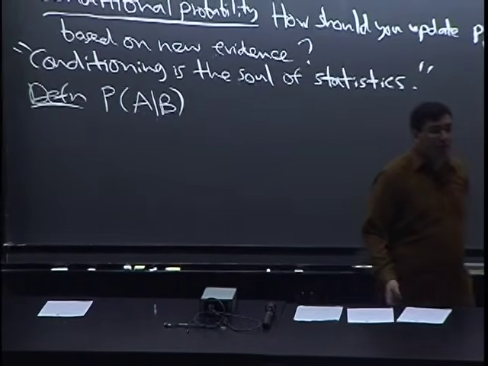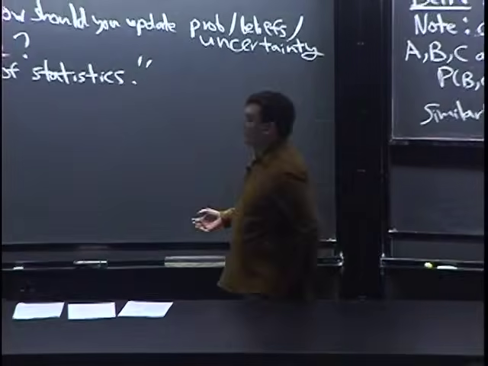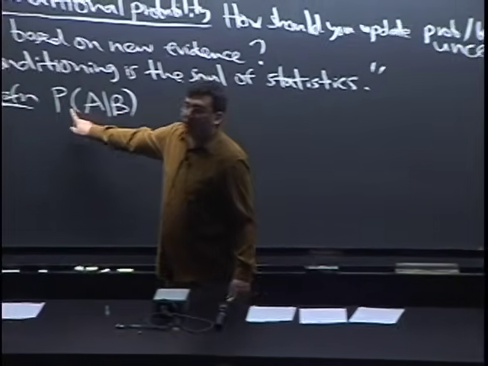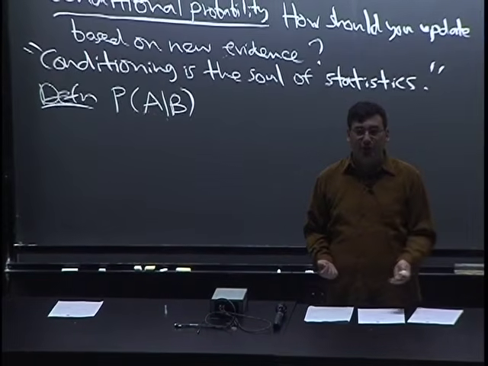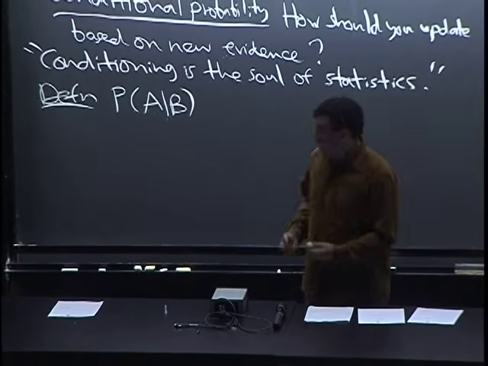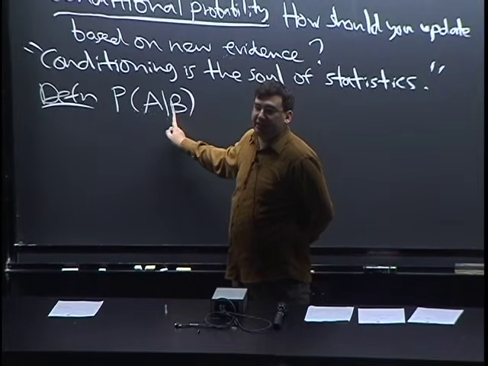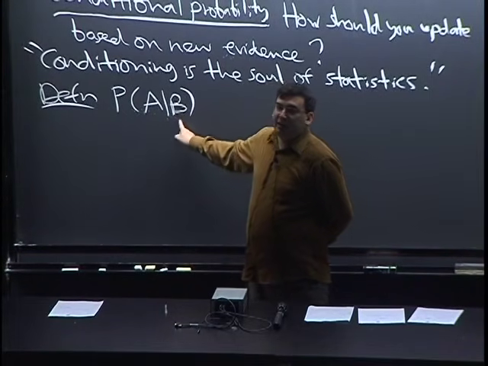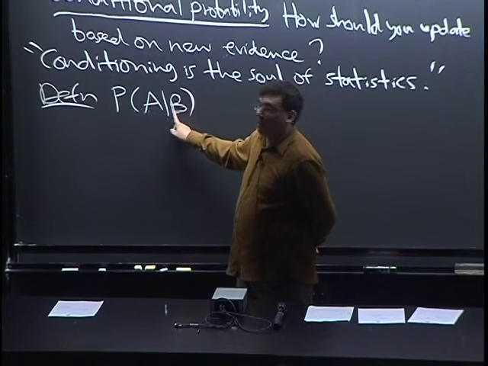So our interpretation is that initially we had some probability P of A for A occurring. Initially, we don't know whether B is going to occur or not. Then suppose that we observe that B actually did indeed occur. Now, if A and B are independent, then that's going to be irrelevant.